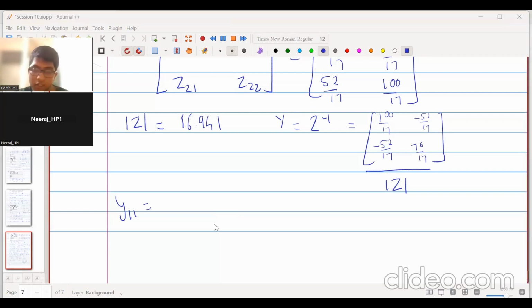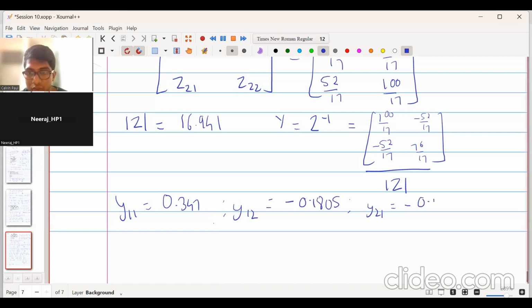Yes. Y11 you get it to be 0.347. Similarly, Y12 you get it to be minus 0.1805. Y21 also you get it to be minus 0.1805. Y22 we get it to be equal to 0.2638.